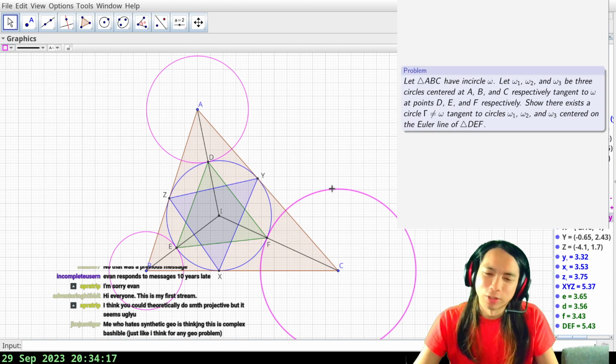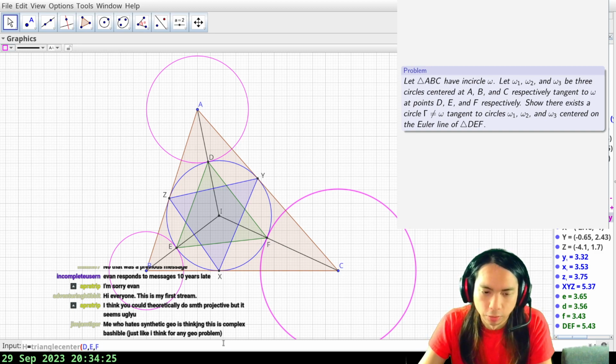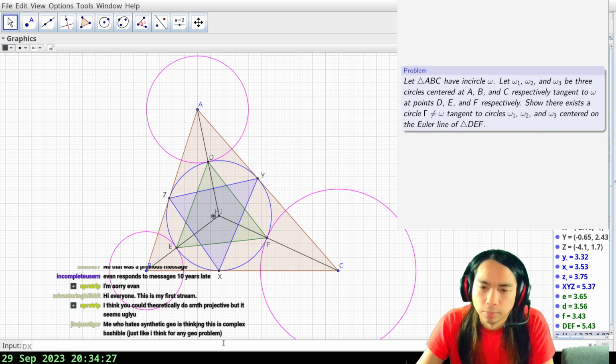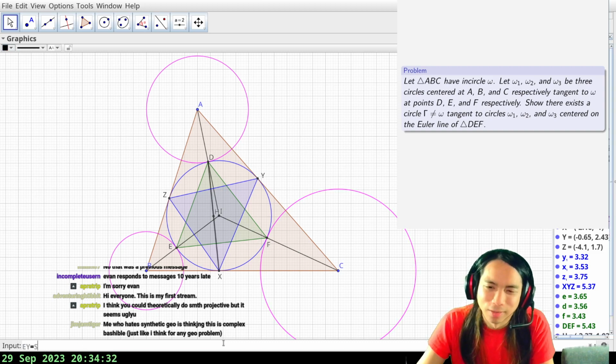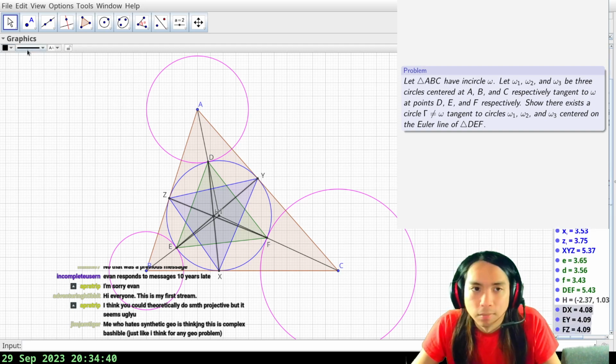But if you phrase it in terms of DEF, XYZ are the reflections of the orthocenter of DEF across the sides of the triangle. Yeah, okay, this feels better. I might actually hide XYZ altogether.